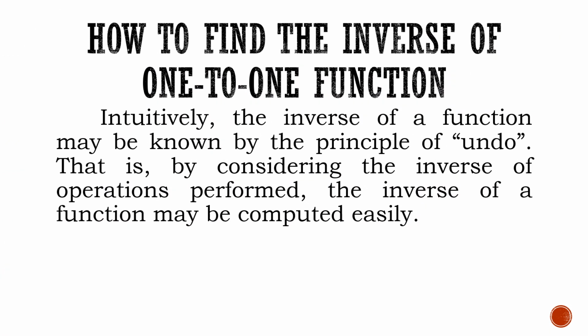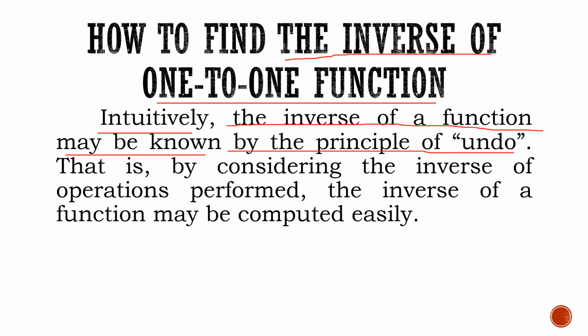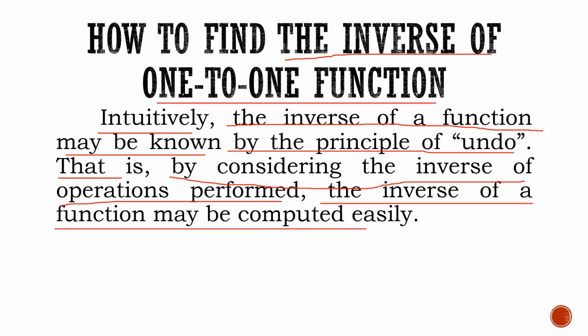So let's deal with this one. How do we find the inverse of a one-to-one function? Intuitively, the inverse of a function may be known by the principle of undo. That is, by considering the inverse of the operations performed, the inverse of a function may be computed easily.